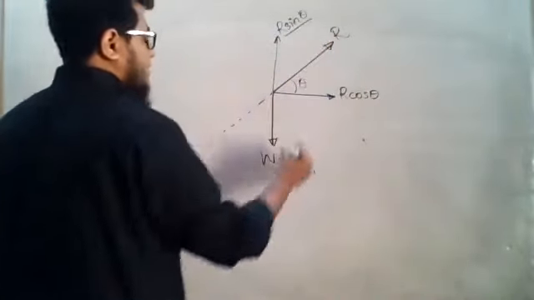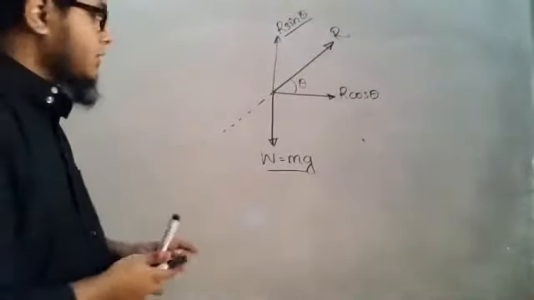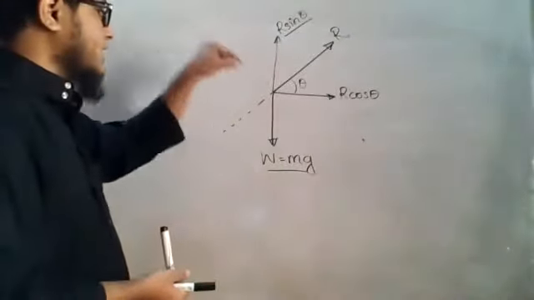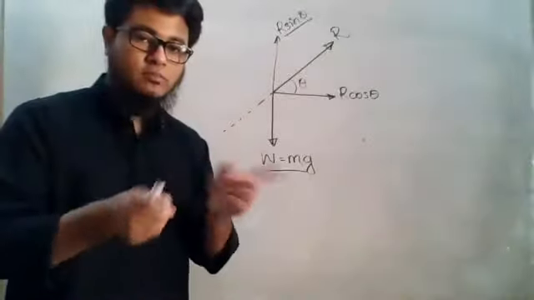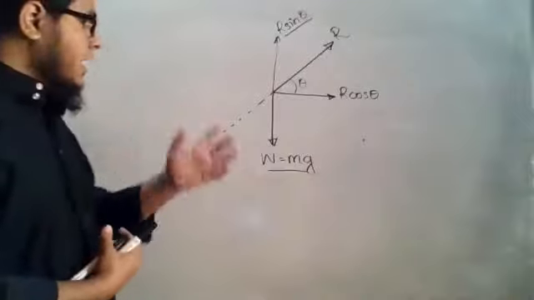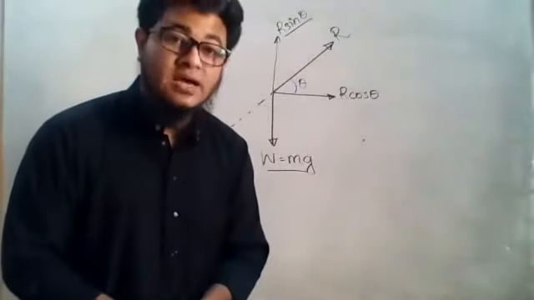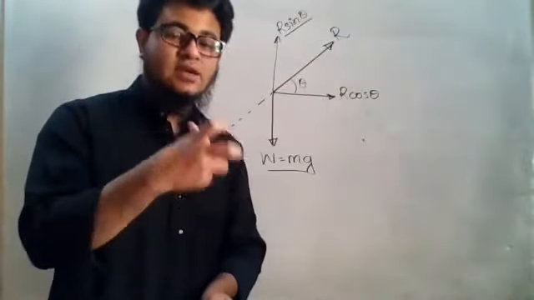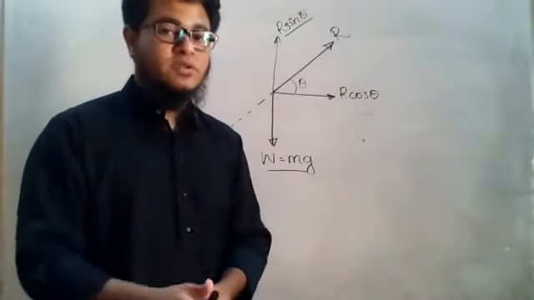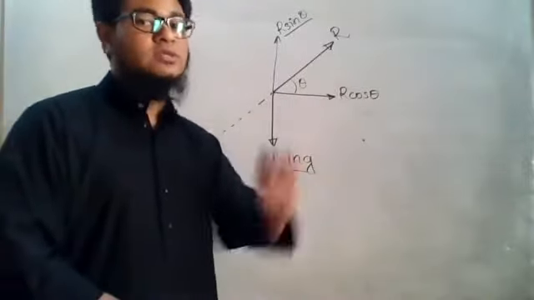Now this R sin theta will be balancing W, or the weight. They will be balancing each other as they are acting on the same point in opposite directions, and they are equal to each other. Now there is an extra force remaining, that is R cos theta. That will provide the centripetal force that you require. Understood?